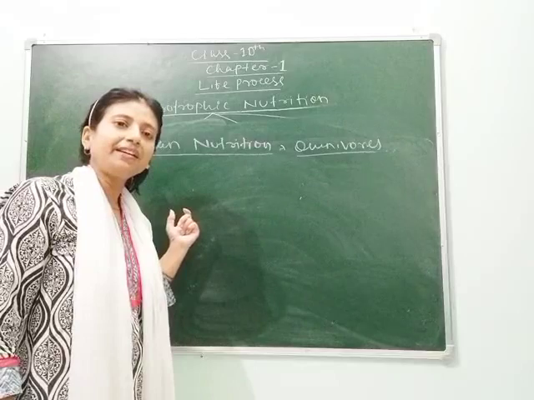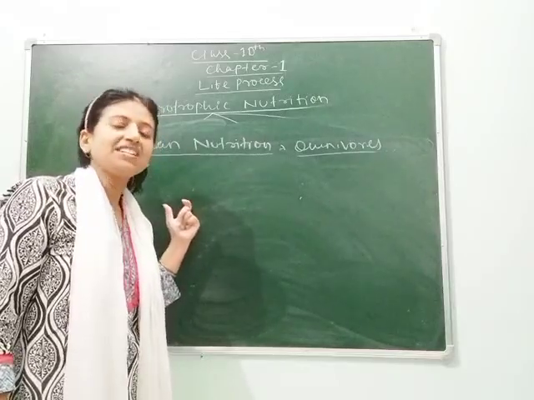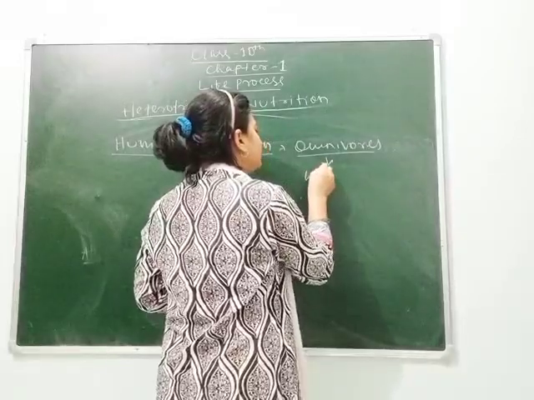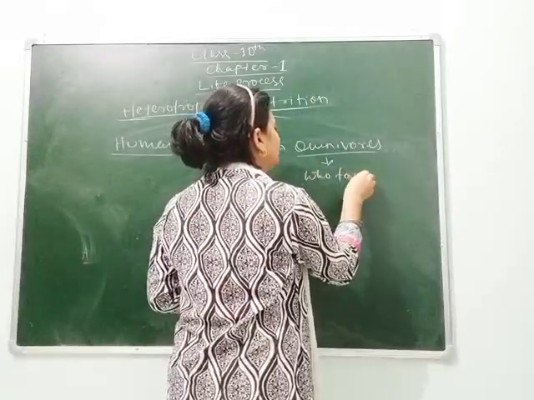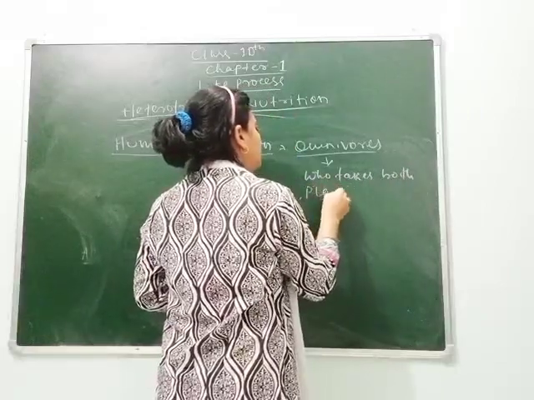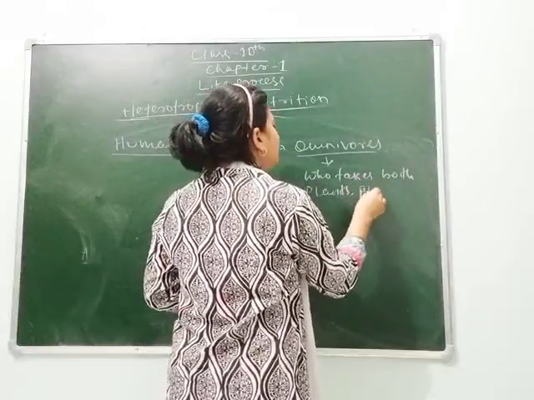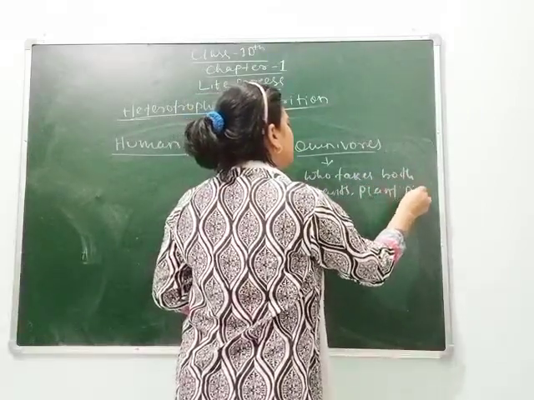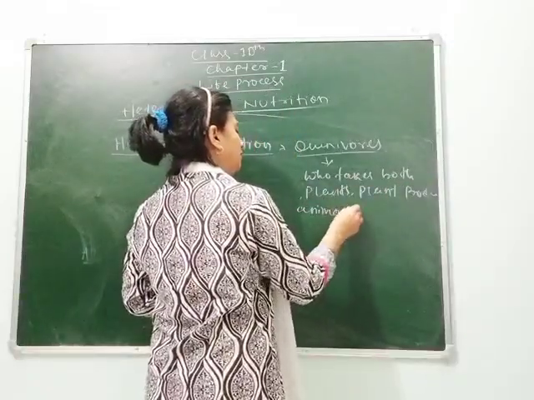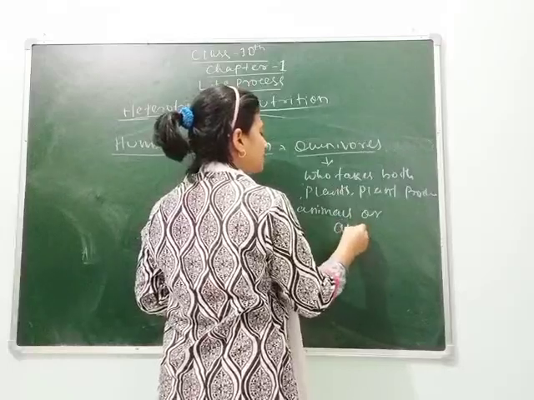They depend on both plants and animals for their food. Or we can say those who take both plants or plant products, and animals or animal products.